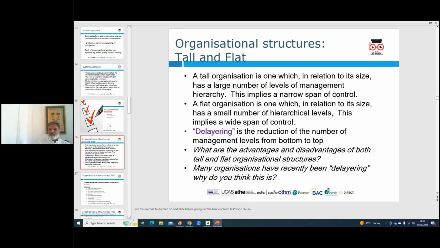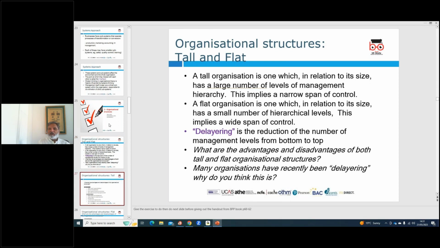When we talk about structures, we need to talk about the responsibilities, the accountabilities, the span of control, the size, the levels. All this is part of the organizational structure. We need to talk about the delayering concepts, and the advantages and disadvantages of these structures.